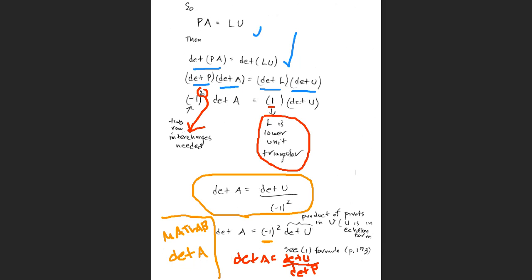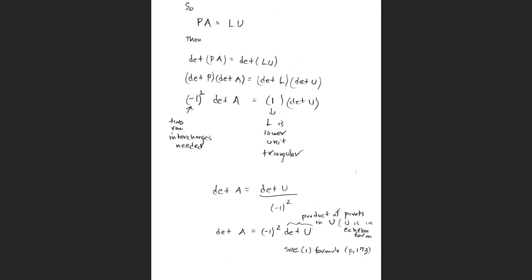Okay, so let me just redo this. Hold on one thing here. So, I mean, basically here, from this equation, we can say that the determinant of A is equal to the determinant of L times the determinant of U over the determinant of P, right? But of course, the determinant of L is equal to 1.